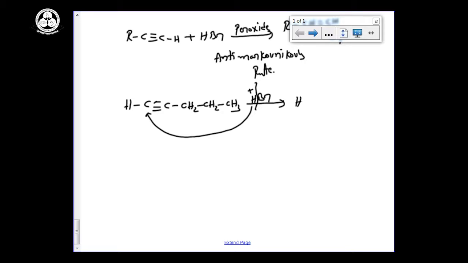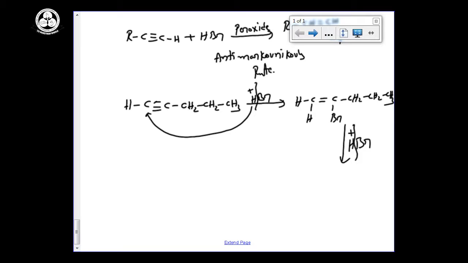Now the compound is H, C, H I am adding here, triple bond becomes double bond, C, Br here, remaining is CH2, CH2, CH. If there is a possibility, you can add one more mole of HBr. Now same, you can follow the Markovnikov rule.